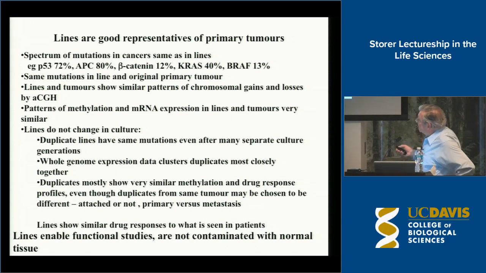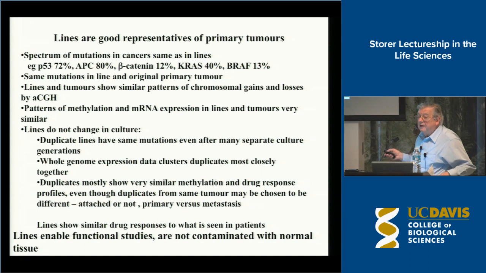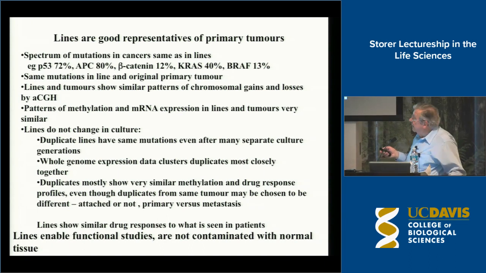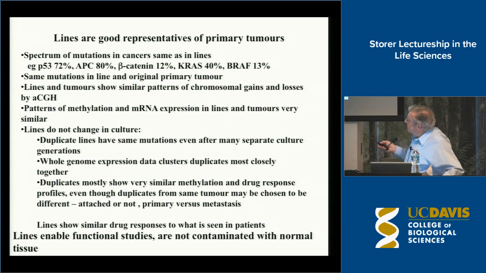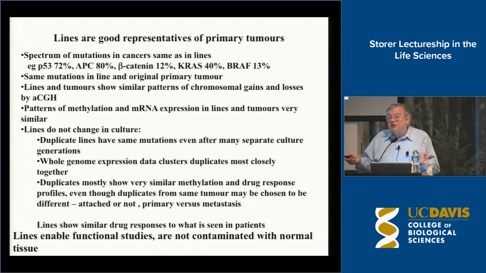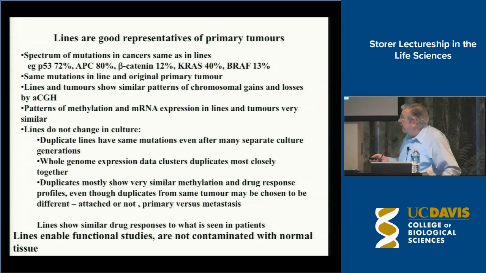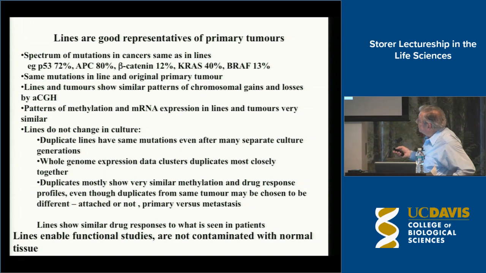First of all, the spectrum of mutations in cell lines follows very closely what you find in primary tumors. You very rarely, if ever, find any of these driver mutations changed in cell lines that have been grown for a long time in culture. And there are examples of cell lines that, unknown to start with, turned out to be the same because of cross-contamination, have been grown for a long time separately and have essentially the same mutations.